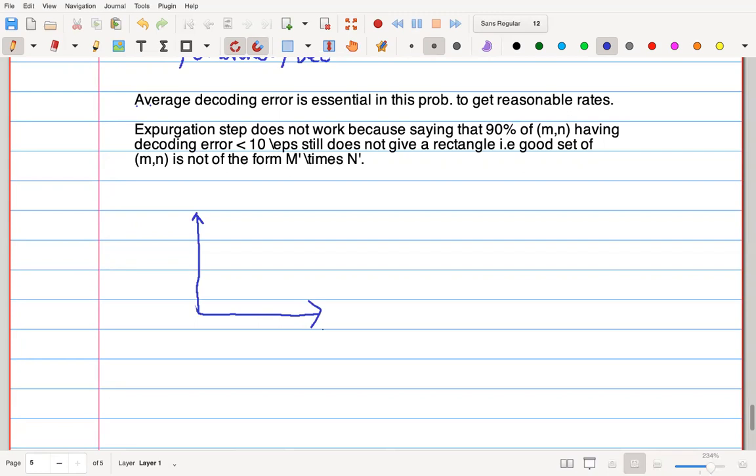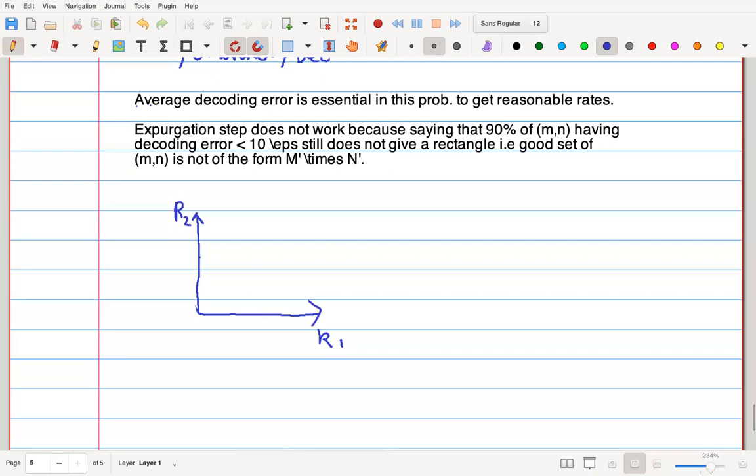So this is M, this is N. We are talking of two different rates, so let's call the two rates R1 and R2.